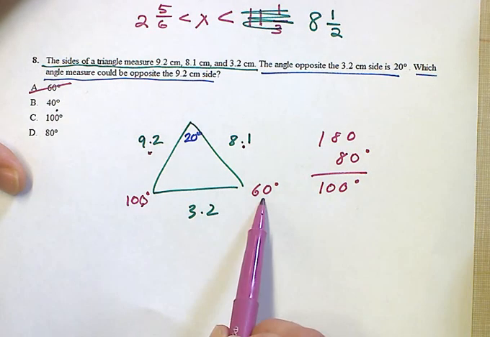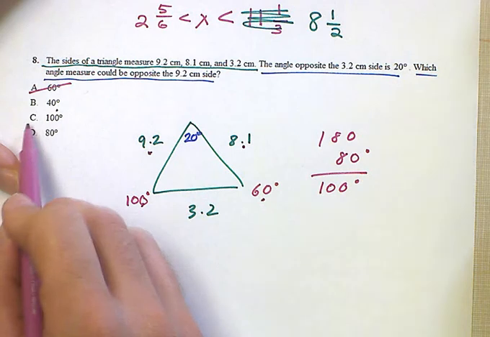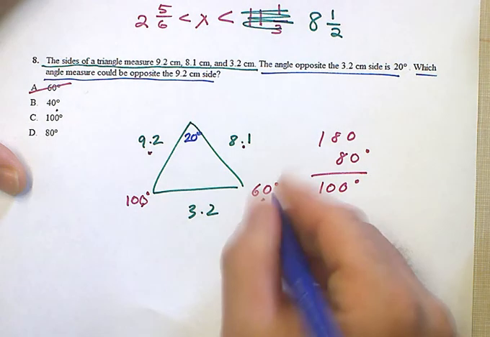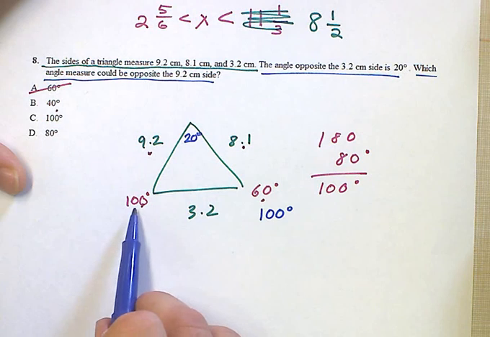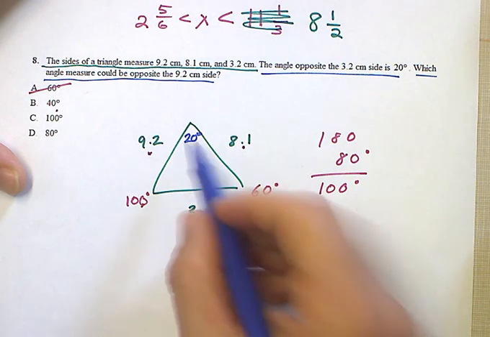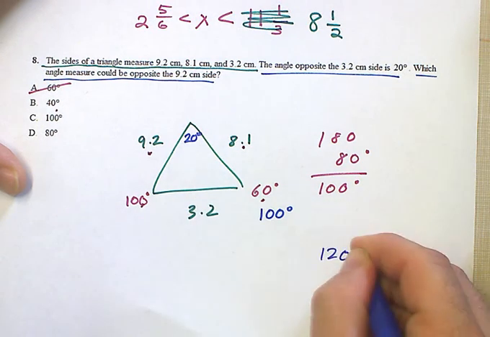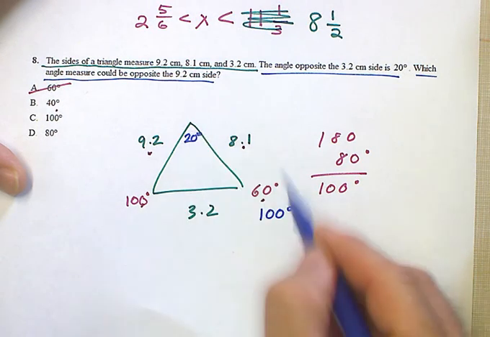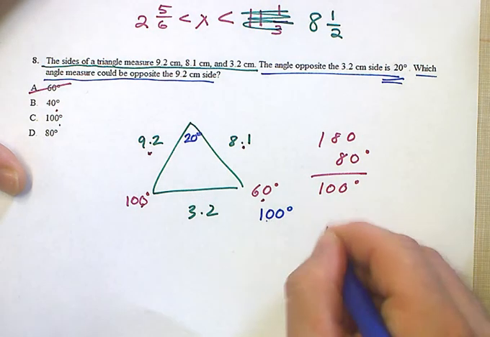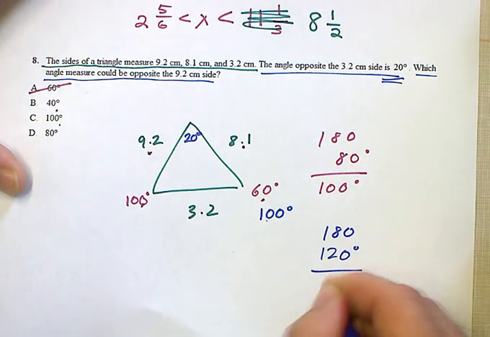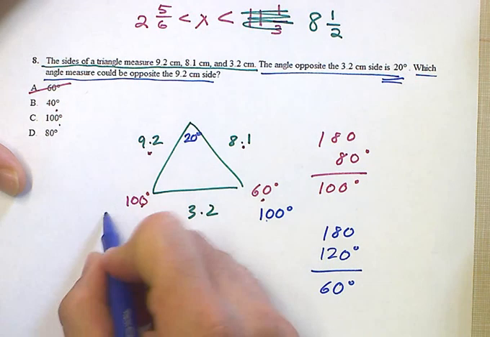So I'm going to go ahead and try to use C, my biggest angle here. I'm going to make this 100 degrees, and it makes sense here because this ends up being 100. And if I did 20 plus 100, I added the 20 which they gave me, and the 100 which I'm using from the answer choice, and I subtract that from 180, and I get 60 degrees. This becomes 60 degrees.